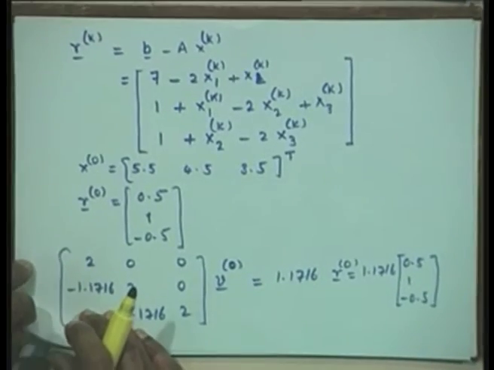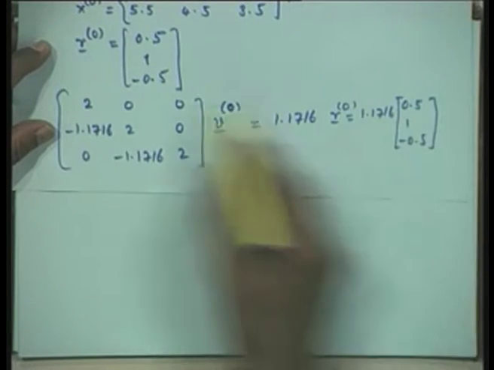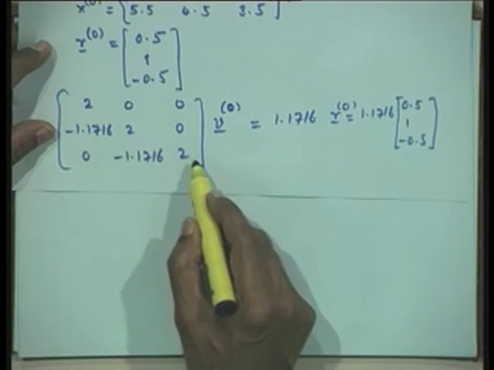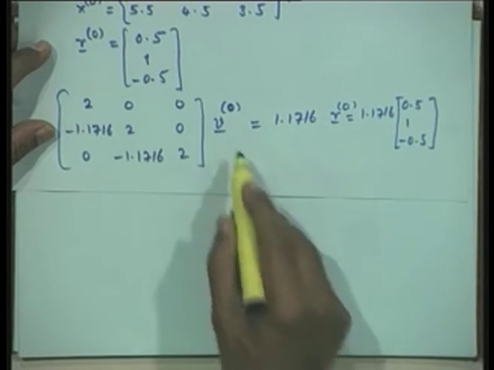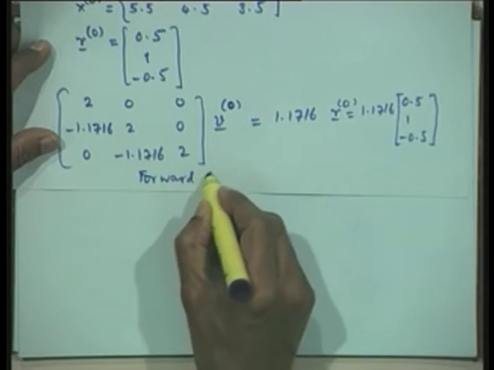Now this is a forward substitution method. So I can just find out the first component of this V1 as this divided by 2 and then use this value to get the value of V2, then I can get the value of V3. So by just forward substitution I can get the solution from this problem.